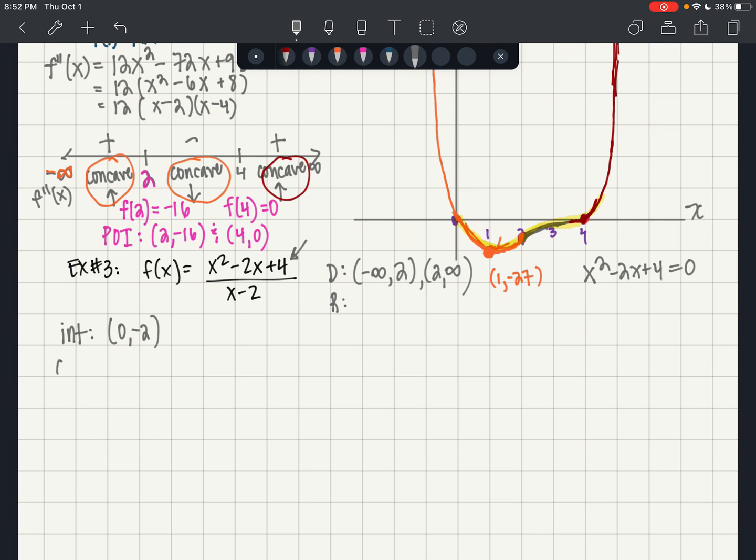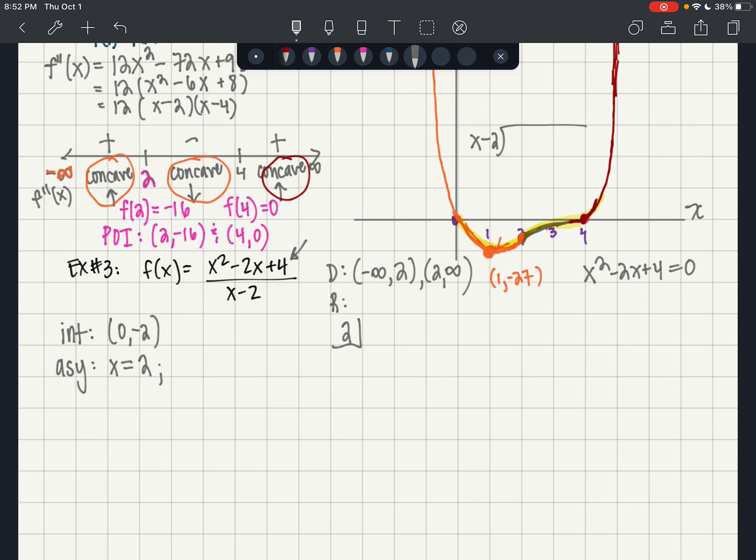Now the asymptotes occur from that denominator. We've got x equals 2 for our vertical asymptote, and then our slant asymptote we get from doing division. So we're going to actually divide x minus 2 into x squared minus 2x plus 4.